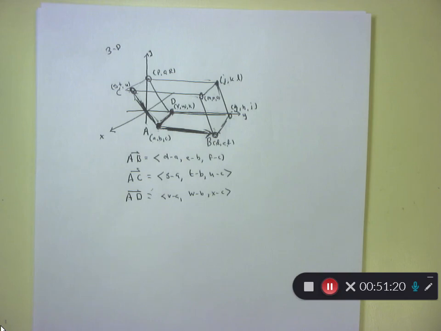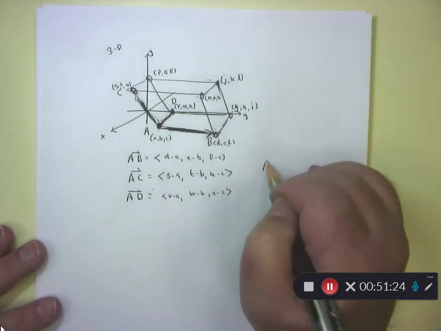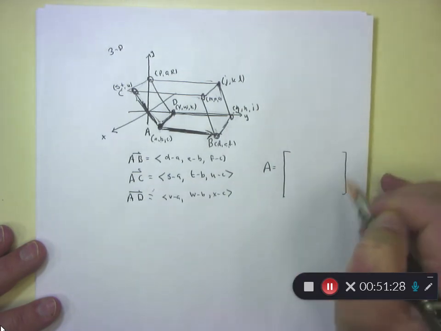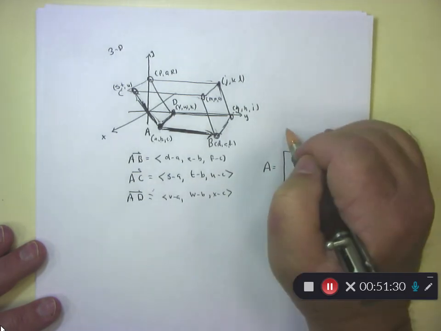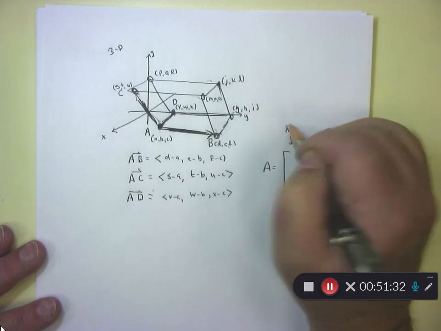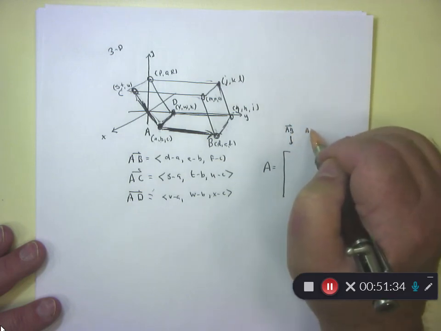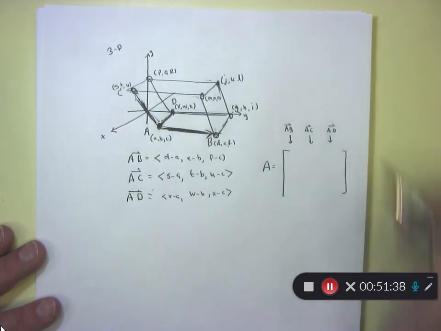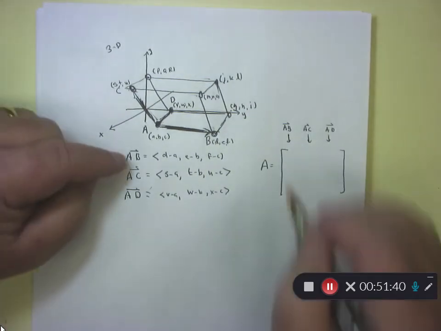Now, according to my theorem, to calculate, we're going to create a matrix of all these guys. So you're going to create this matrix by putting this information in columns. So this would be the AB vector in a column. This would be the AC vector in a column. This would be the AD vector in a column. You with me? So these will be numerical values.